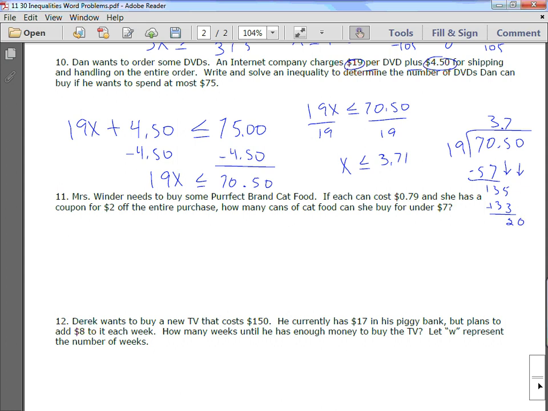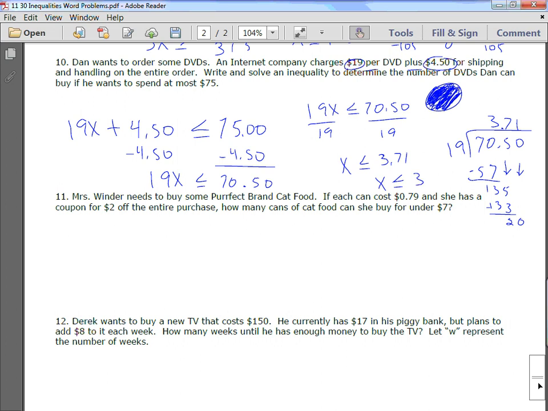Can anybody buy 3.71 of a DVD? That means you get about that much of the DVD, and you don't get that piece right there. So we're really not going to be able to do that. So we're going to say that x is less than or equal to 3. If we buy 4, we're going to spend more than $75.